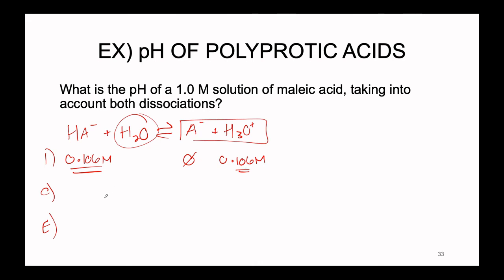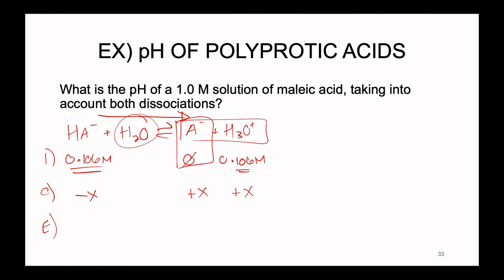Okay, so in the change row, we need to figure out which direction this reaction is going to shift. Is it going to move from reactants to products, or from products to reactants? Well, since we don't have any A-, we are going to have to shift from reactant to product in order to generate some of that product. So we're going to be losing HA-, we're going to be generating some A- and potentially also generating some additional H3O+, right?